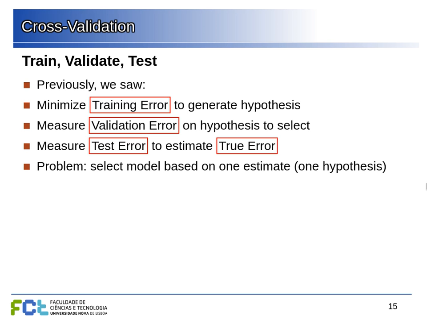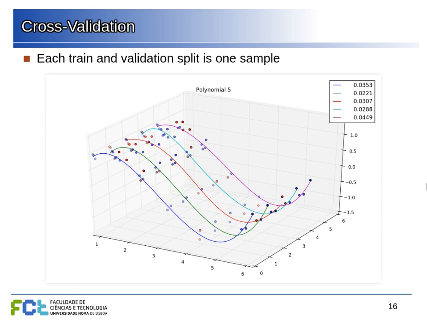Now, one problem that we saw is that we are training the model with one set of points, and then measuring the error on the validation set, but if the points were shuffled differently, the measured error would be different. So we saw this example. For the same model, we get different curves depending on where we put our points in the training or validation set, and different estimates of the error, because we are using a random sample of points.